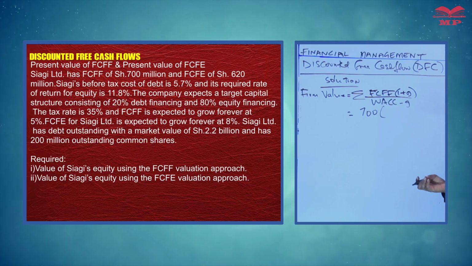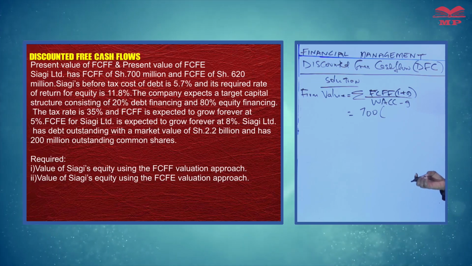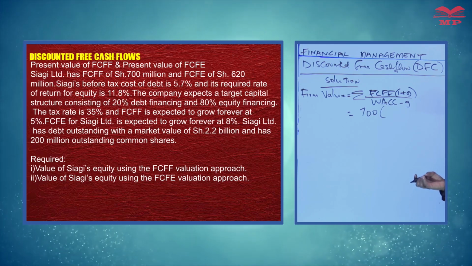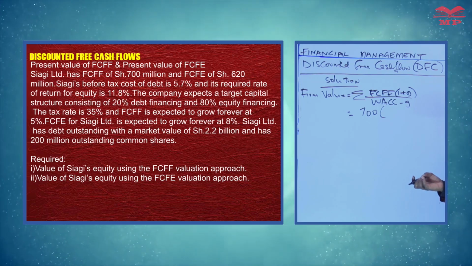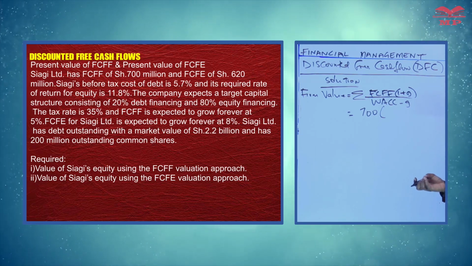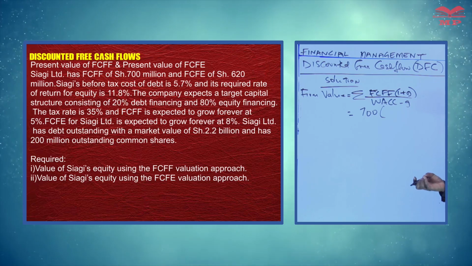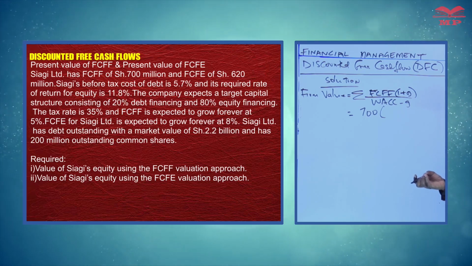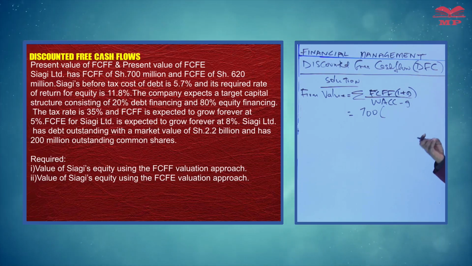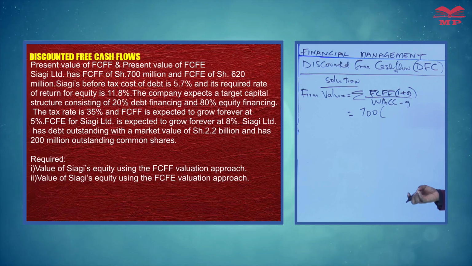The company expects a target. Siagi has 700 and 600 before tax. Cost of debt is 5.7. Equal rate of return is 11.8%. The company expects a target capital. Then we read it's expected to grow at 5%. Yes, 5%.